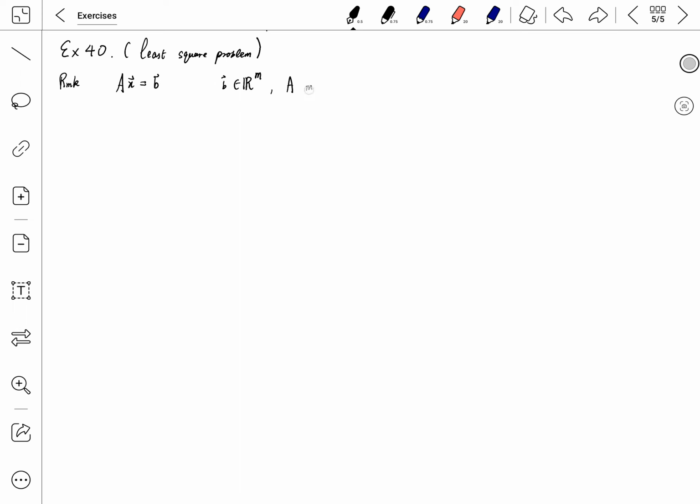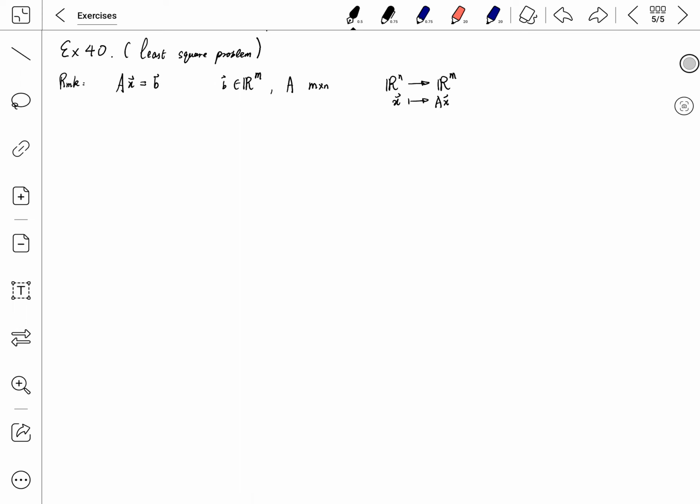As a convention, usually we say A is an n by n matrix, and then it gives a matrix transformation from Rn to Rn. If it has a solution, we'll call this linear system consistent, and you just solve it.